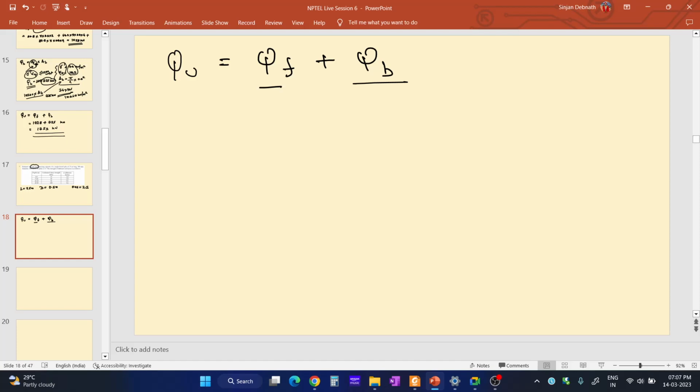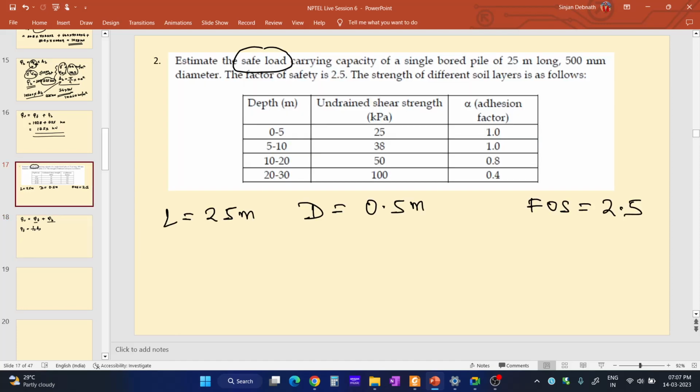So what is QF? Capital QF is equal to Fs into As, that is the unit skin friction resistance multiplied by the surface area of the pile. So how much is Fs? We need to find out Fs.